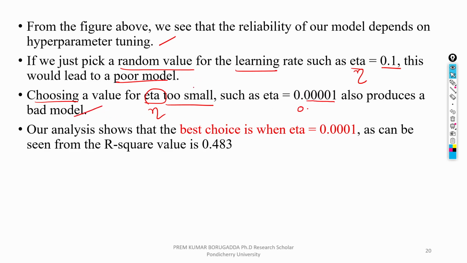So whether the model is good or bad depends upon the hyperparameter, here the learning rate. Taking the best value, 10 to the power minus 4, the R score value is 0.483. So the R score value depends upon the learning rate. The learning rate is the hyperparameter, and the best model result depends upon the hyperparameter value.